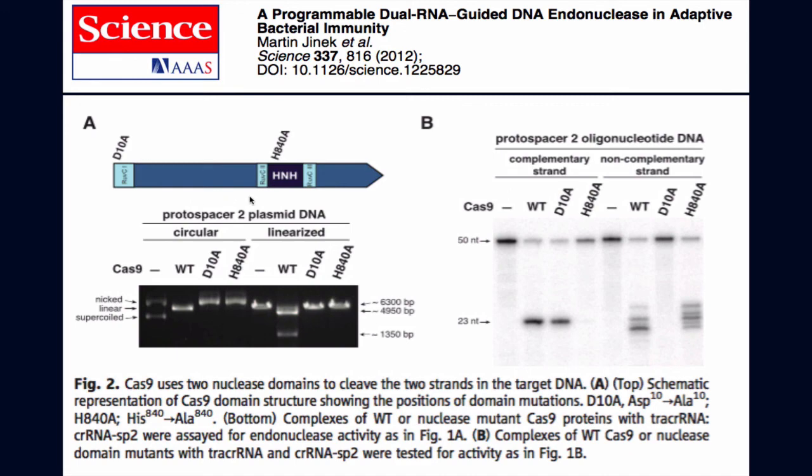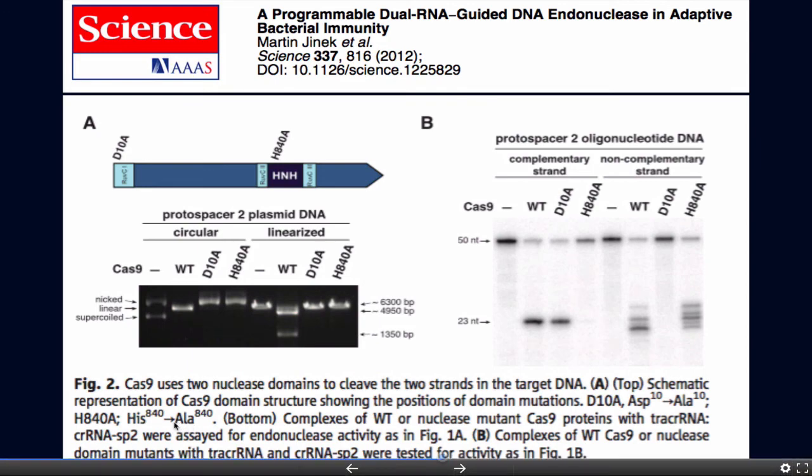Okay, so they have a wild-type Cas9, a D10A Cas9 mutant that's non-functional in this region, and an H840A mutant Cas9 that's non-functional in this region. And by non-functional, I mean they caused one amino acid substitution, either at 10 or at 840. In both cases, it was an alanine that was the substituted amino acid.